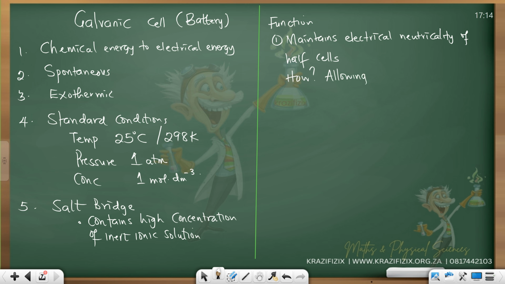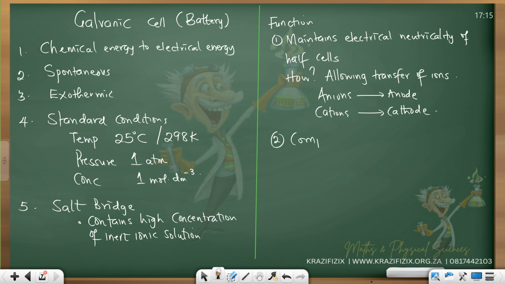Allowing transfer of ions. But how? Let's be specific. How are the ions moving? We just spoke about that. Anions will move to the anode, and cations will move to the what? Cathode. Okay. Second function, it completes the circuit. Beautiful.